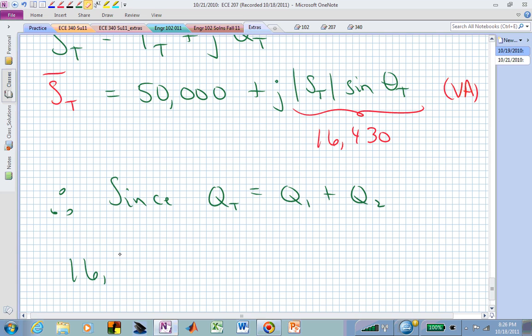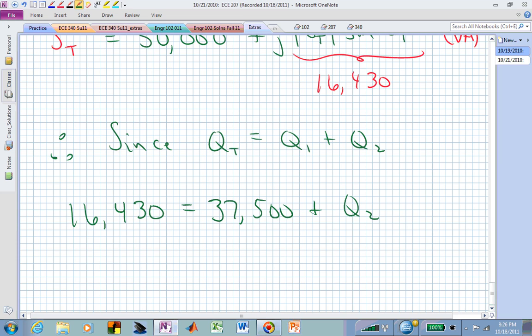Q sub t was 16,430. Q sub 1 we found was 37,500, and now the only unknown quantity in that equation is Q sub 2.